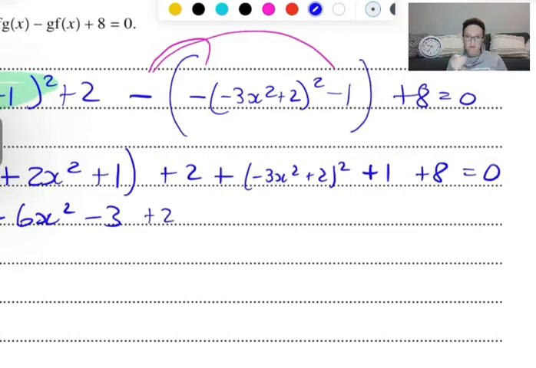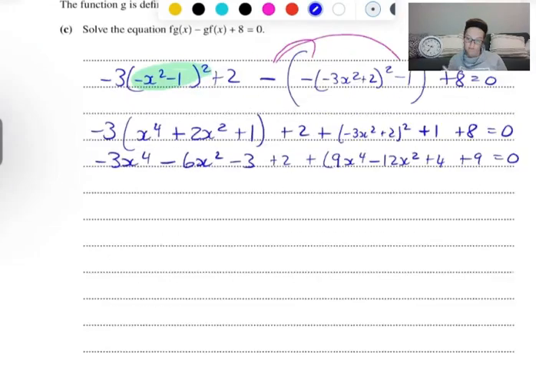Now I'm going to square my bracket. Okay, so 9x to the power 4 minus 3 times 2, 6 to 12. Okay, my 1 plus my 8 is 9.